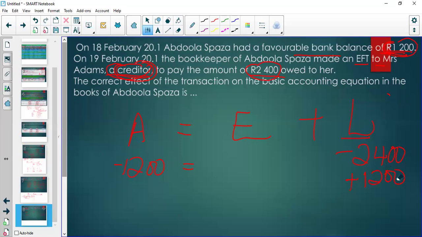Because we used our own 1,200 to pay off this guy, and we had to borrow another 1,200 from the bank. So we reduced our assets by 1,200 because we had 1,200 in the bank, so that was wiped out. Then we had to borrow another 1,200 so that eventually we pay this guy the 2,400.